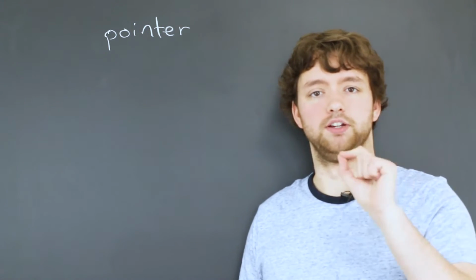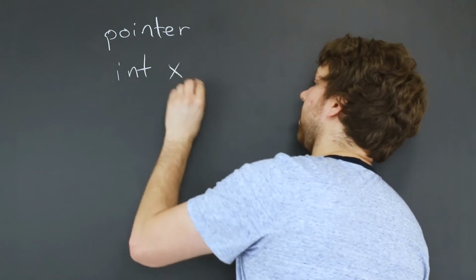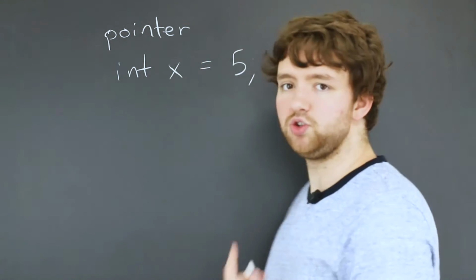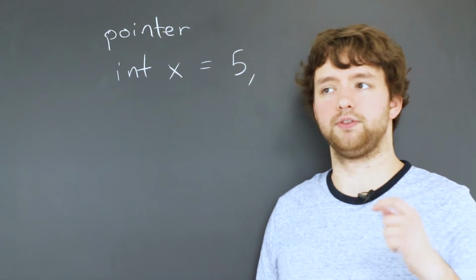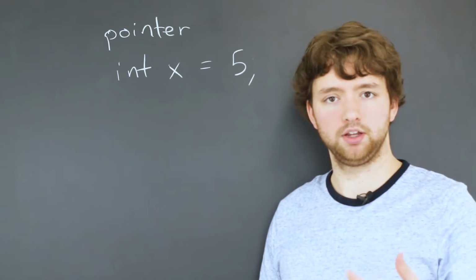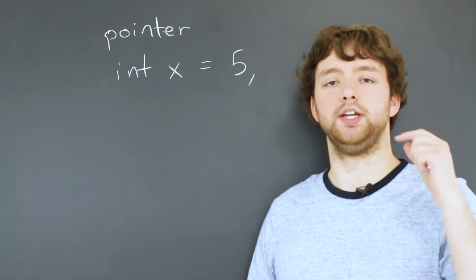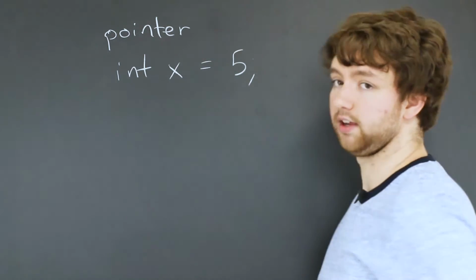First, think of a normal variable, int x, and this is assigned some value. Now, when we do this, inside of our computer, there's an area of memory. Another name for memory is RAM. So inside of our memory, there is a spot holding the value of x.